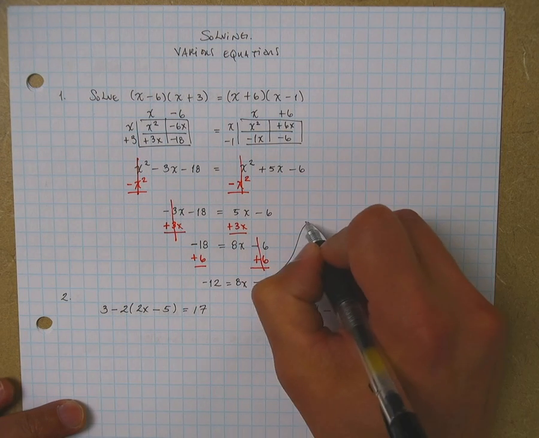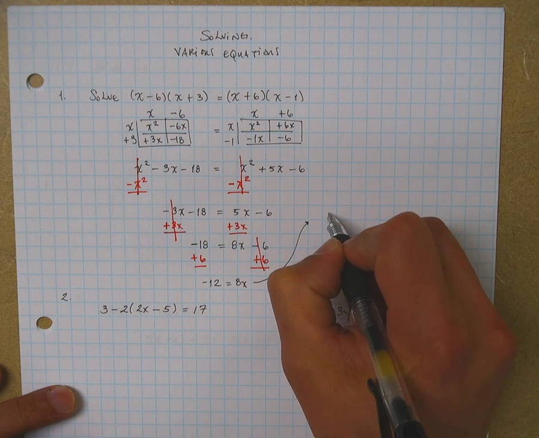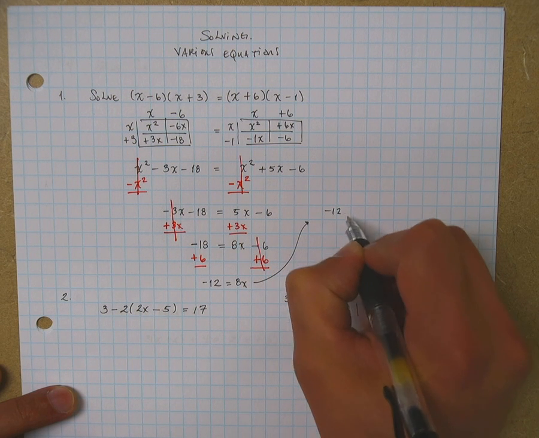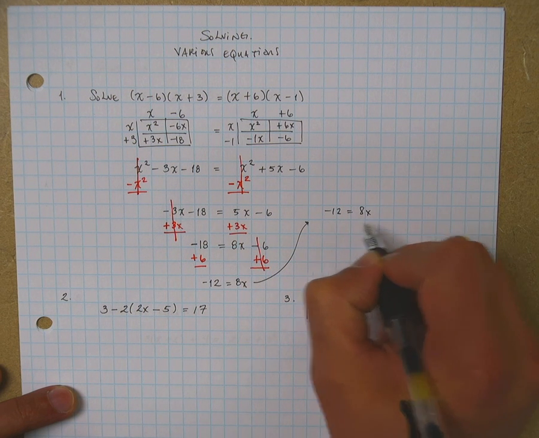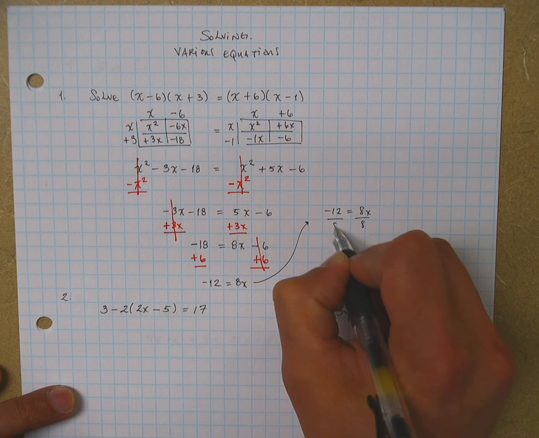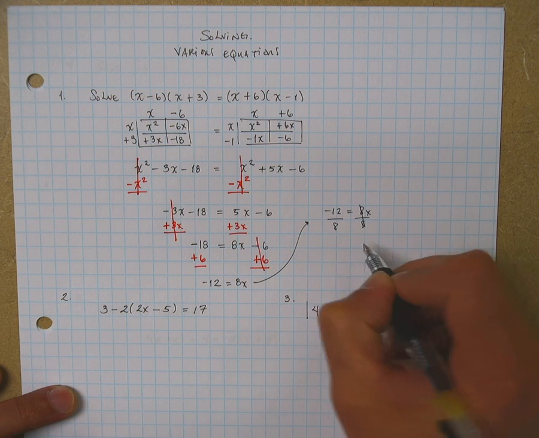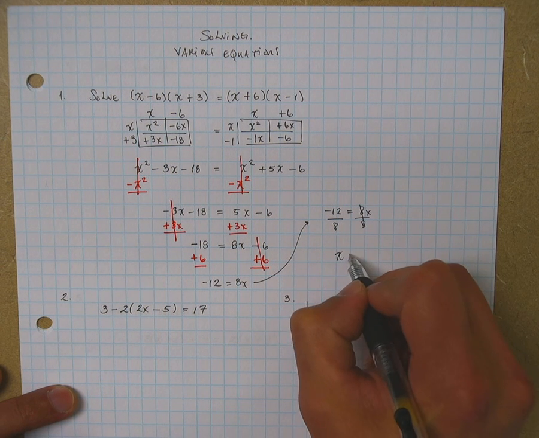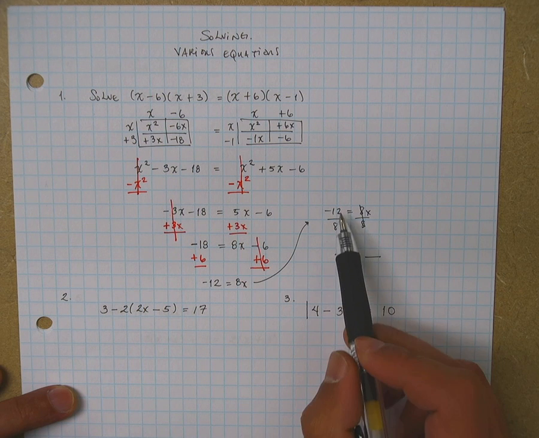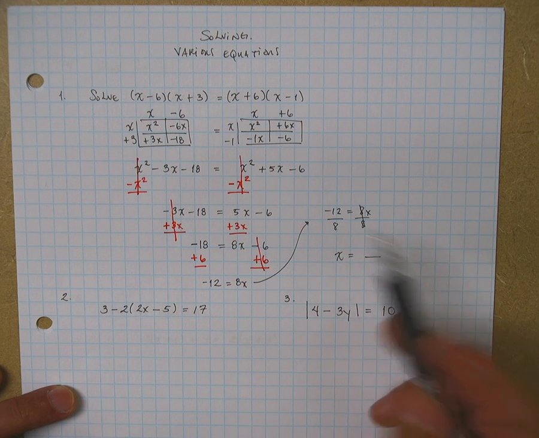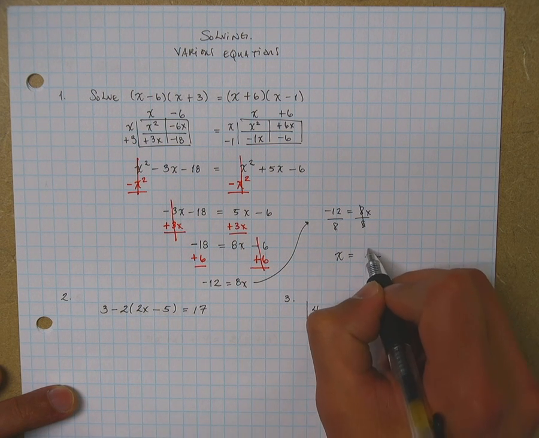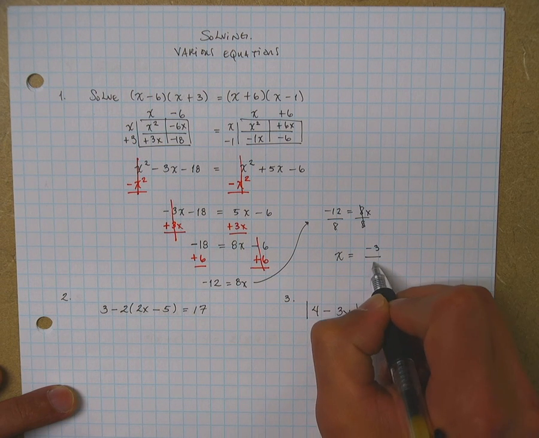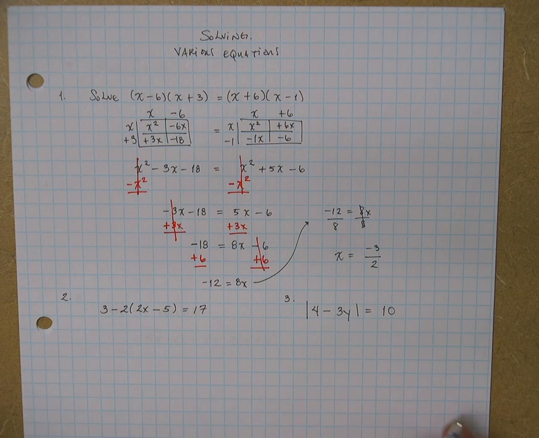Let me bring it over here. Divide by 8 on both sides. Okay, so 8x divided by 8 simplifies into a 1. So x is going to equal, divide both the top and the bottom by 4. You're going to get negative 3 over positive 2.